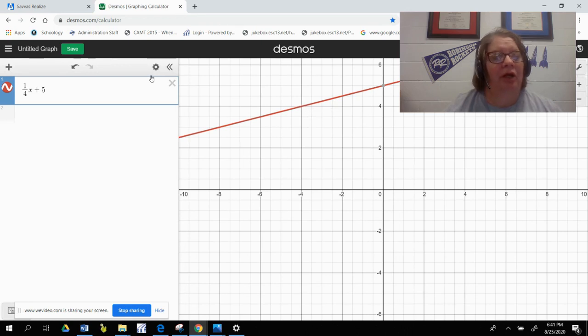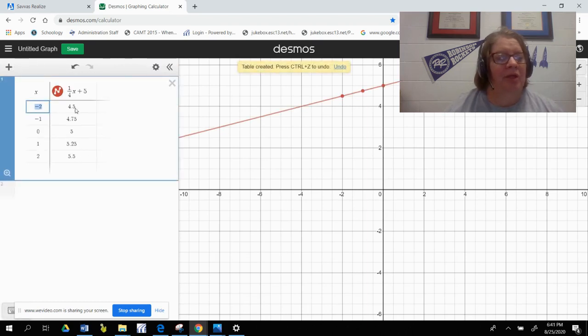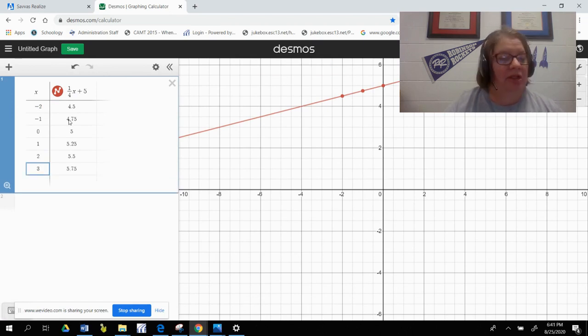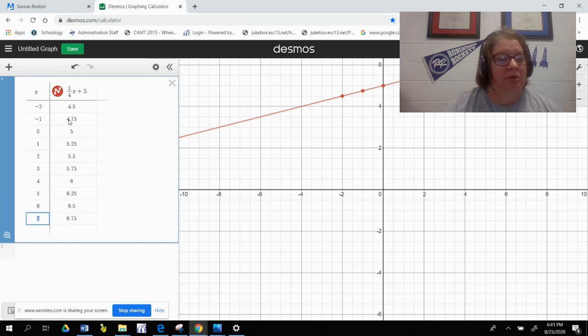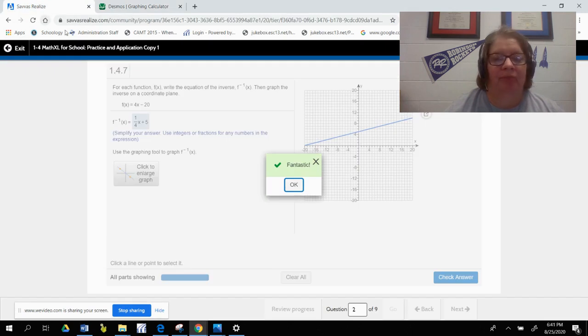Or I can look at the table and use any of these points. And you could just keep adding numbers until you get whole numbers. There's 4.6, 8.7. Okay, until you get whole numbers. You could use any of those 2 points to do the graph if you want.